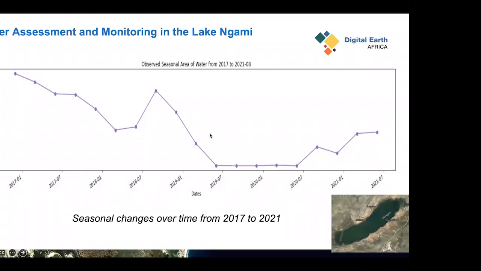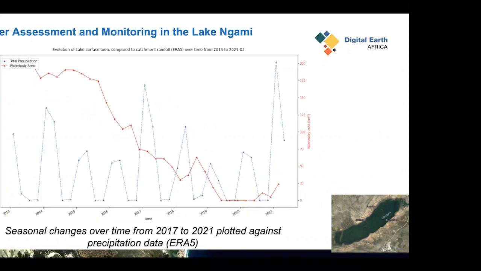So what were some of the factors that contributed to this? To be able to measure these things, because the source of water for Lake Ngami comes from the Okavango Delta, the next step was to look at the amount of rainfall data that comes to Lake Ngami by using the catchment area of the Okavango Delta.